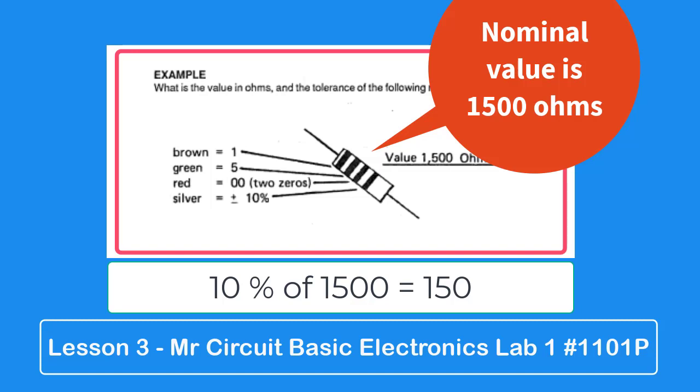But it really could be 1650 all the way down to 1350, where you add 150 ohms, which is 10% to 1500, you get 1650. You subtract 150 ohms, and you get 1350. So when you actually measure the value of a nominal marked resistor of 1500 ohms, if it's got a silver band, it could measure as high as 1650 and as low as 1350 and still be a good resistor.